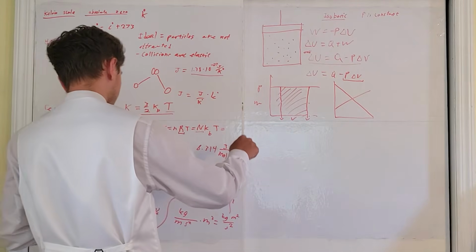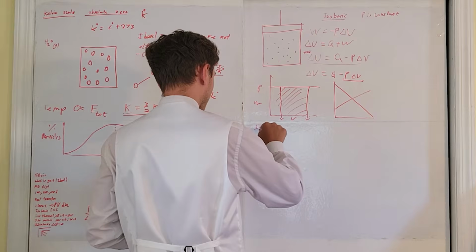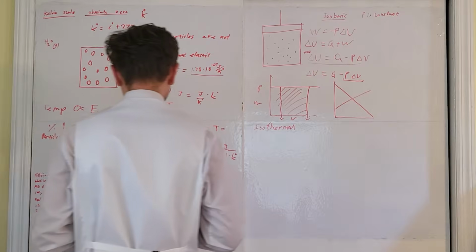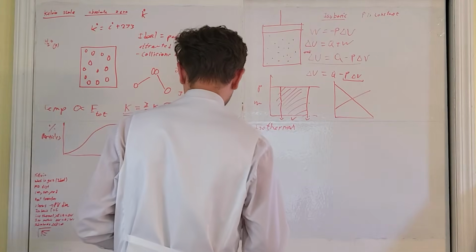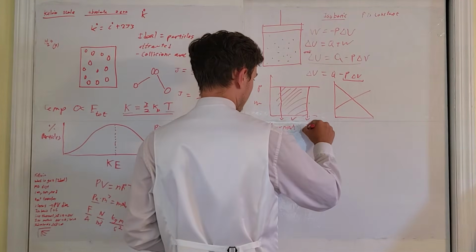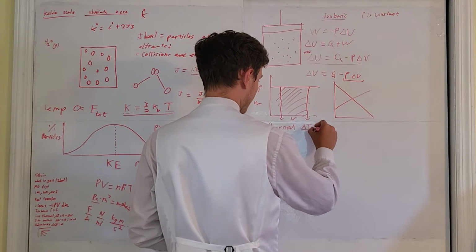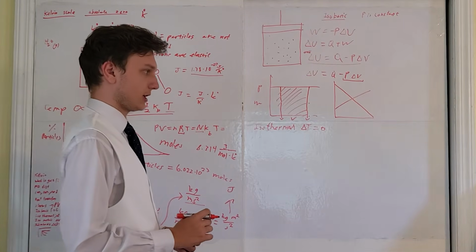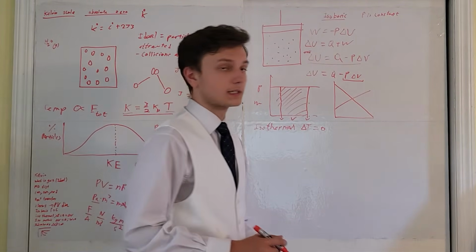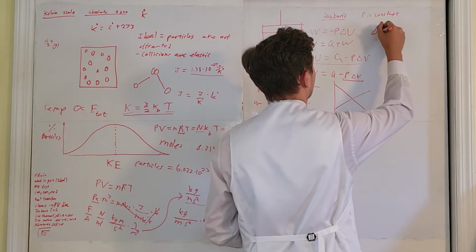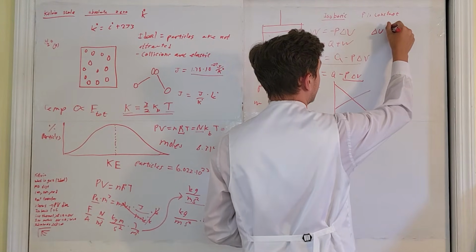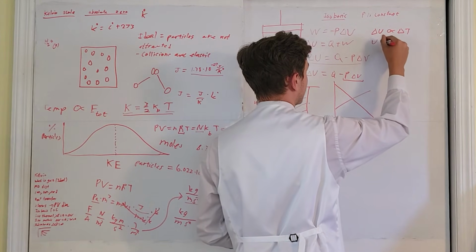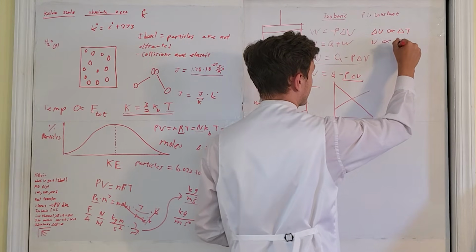The next type of process is the isothermal process. Isothermal, as you might expect, means that our change in temperature is 0. The temperature of our system doesn't change. Now, an interesting characteristic of internal energy is that our change in internal energy is proportional to our change in temperature. Consequently, our internal energy is proportional to our temperature.